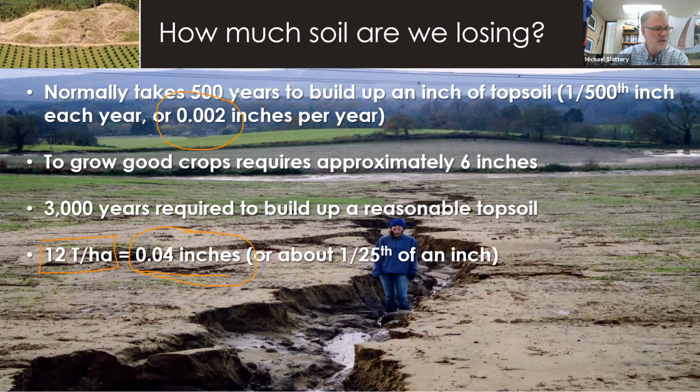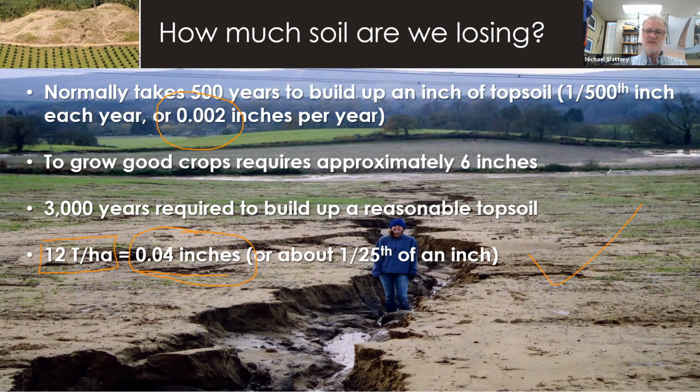The question would be, is there a soil erosion problem here? Well, absolutely there is. And this is how it's going to be phrased in the exam on Thursday: at what rate are we losing soil relative to soils being formed?